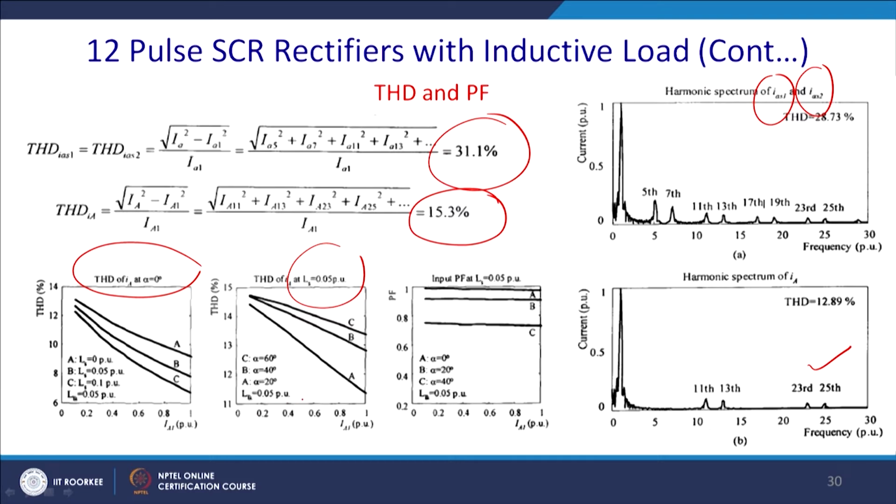And similarly, for the power factor you can see that for alpha equal to 0, it will have a quite high, almost constant power factor. For alpha equal to 20 degree, you can see an almost constant power factor of 0.9. For alpha equal to 40 degree, you will have a little drooping characteristic, around 0.8 to 0.75 power factor.